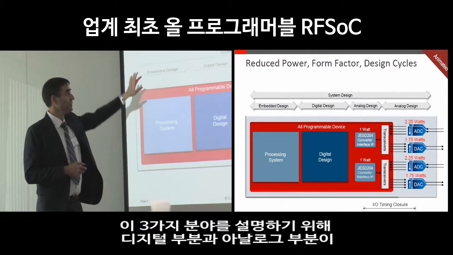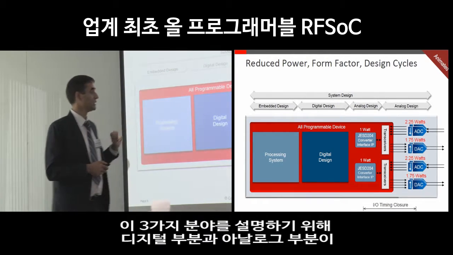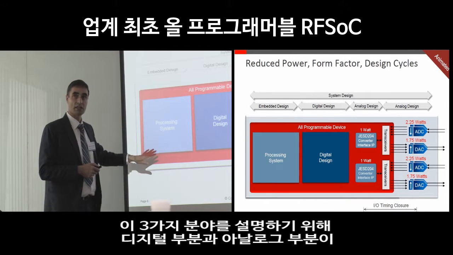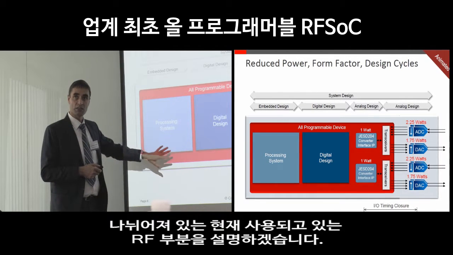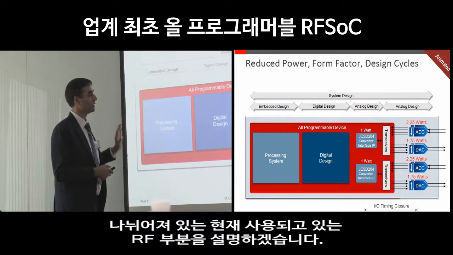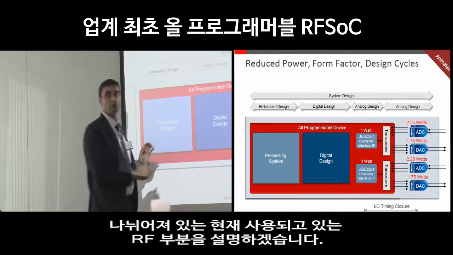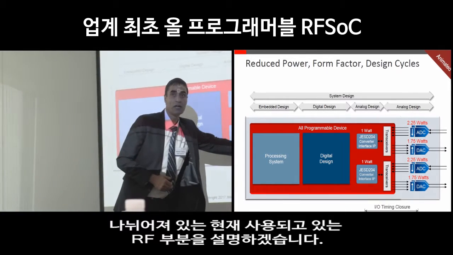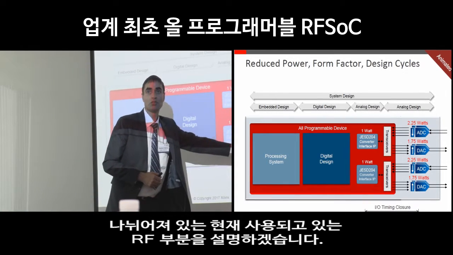To understand how we achieve these three goals, let's look at a radio design as it exists today. This is a conceptual diagram where on the left-hand side you have the digital part of the radio, and on the right-hand side you have the analog portion of the radio design.